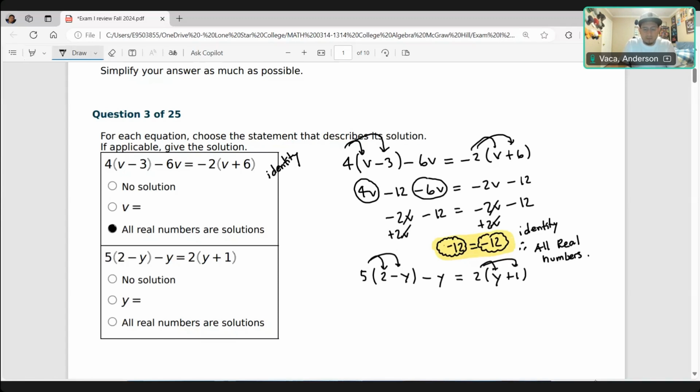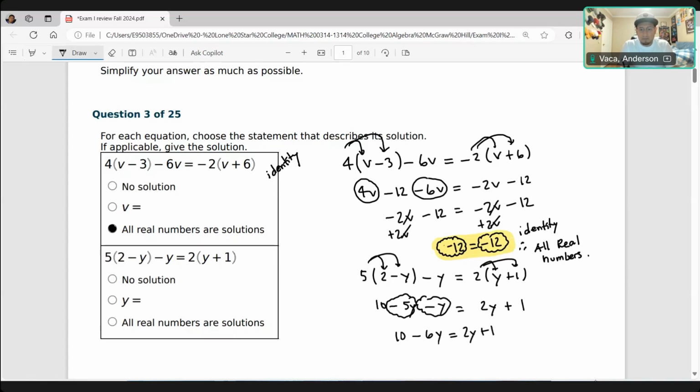All right, we get 10 minus 5y minus y is equal to 2y plus 1. So let's combine like terms. Here's a set of y's. Here's another set of y's. We get negative and a negative makes more negative, negative 6y.